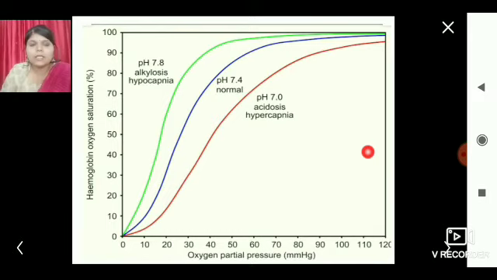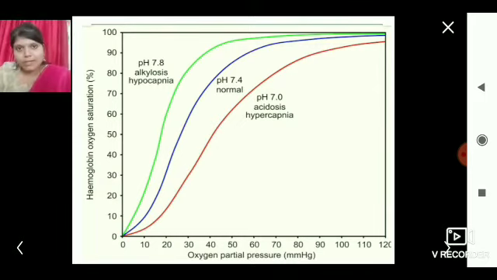So the next factor which is affecting is pH, the concentration which we mentioned, isn't it? What is that concentration which is pulling the graph towards the right-hand side? We said it is the ionic concentration, but at what levels we didn't discuss.